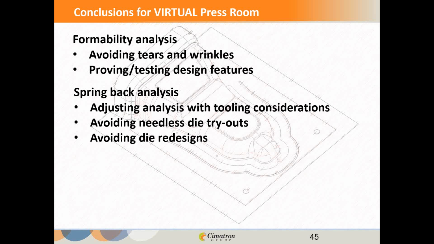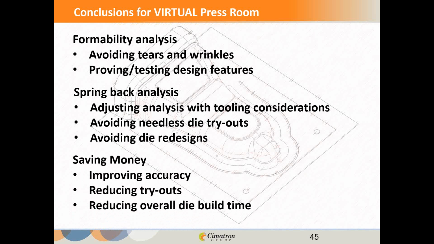But the key to this, the point that really we want you to take away here is to see that saving money is the issue and reducing our time to build that die. And we can't do it unless we really consider all these factors together. I hope I've illustrated to you how one little addition in your design thinking, one addition like a draw bead, moving a pilot hole, can affect the overall outcome to your advantage or your disadvantage.